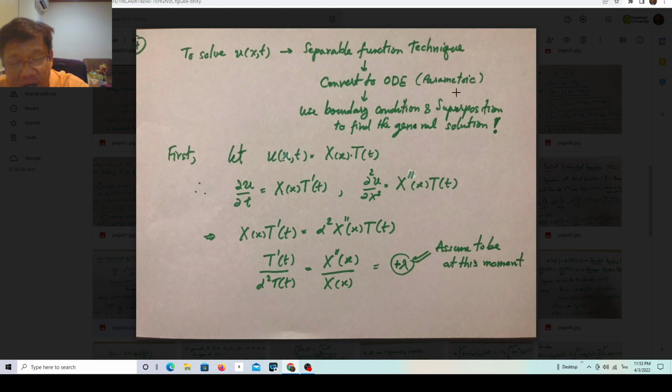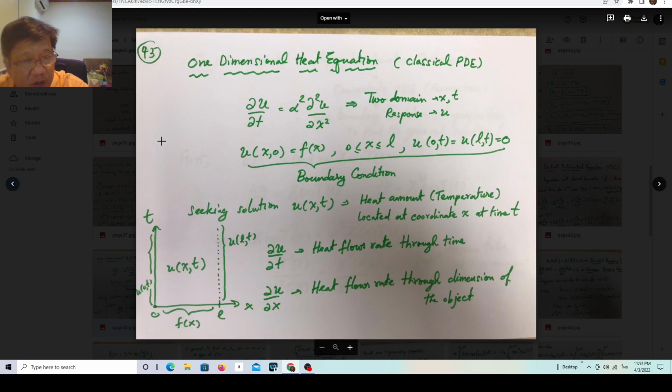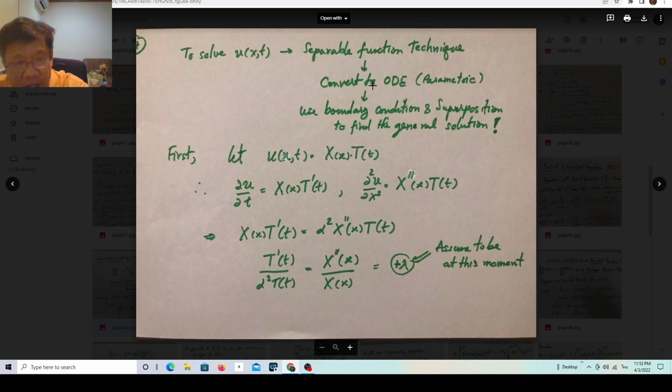This is another addition to the result of the problem after you convert the original equation to ODEs. Then we can use the boundary condition and also the superposition.